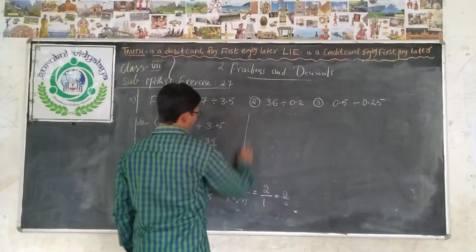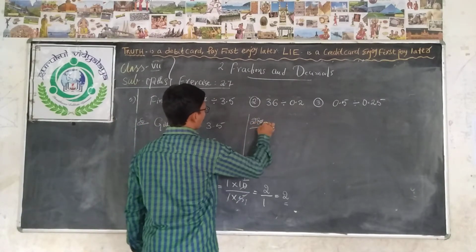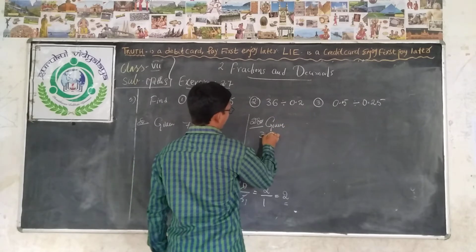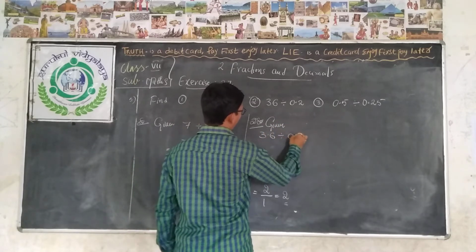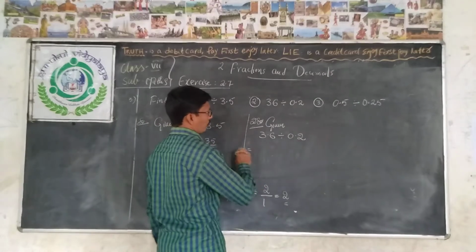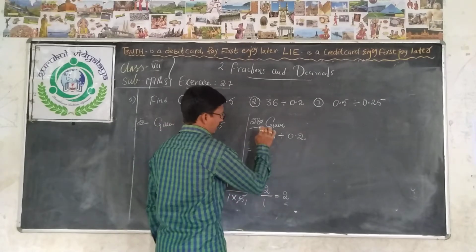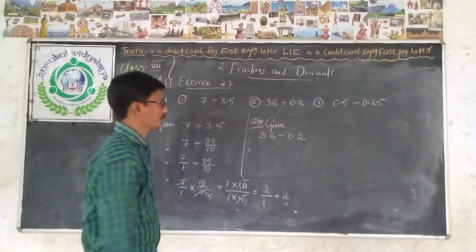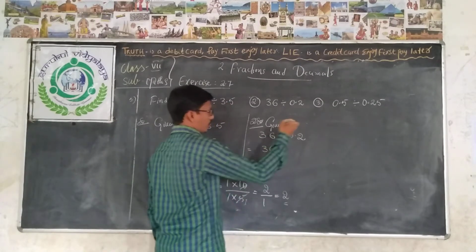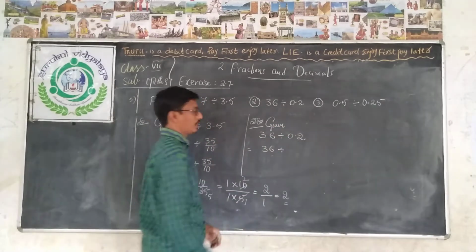And the same with the second problem. Given 36 divided by 0.2. 36 divided by 0.2. Just convert 0.2 into a fractional number.